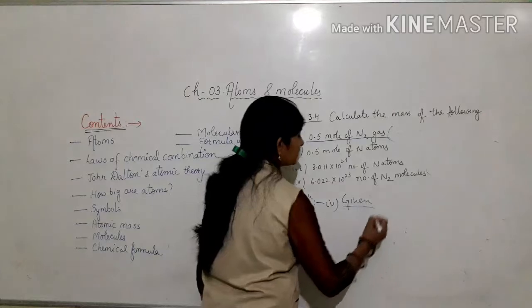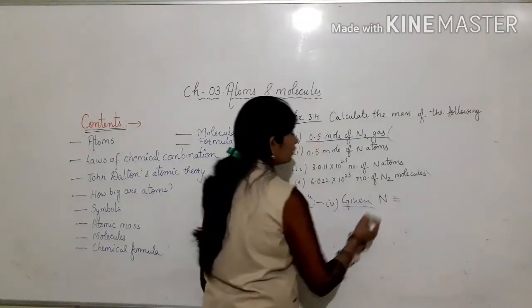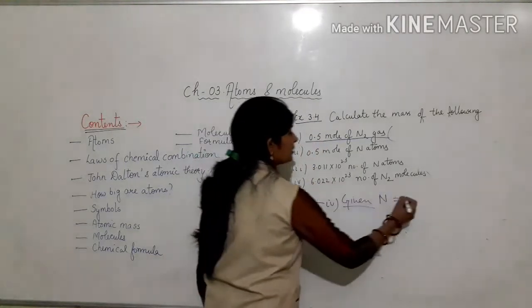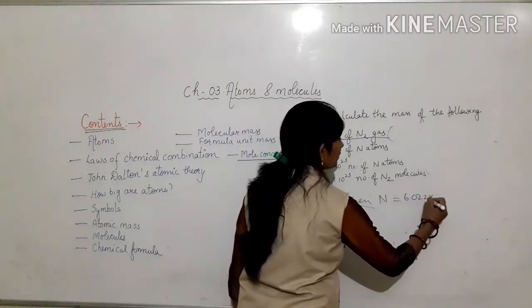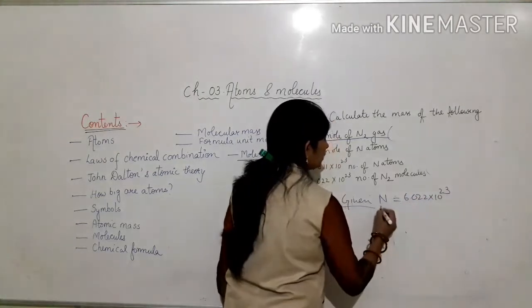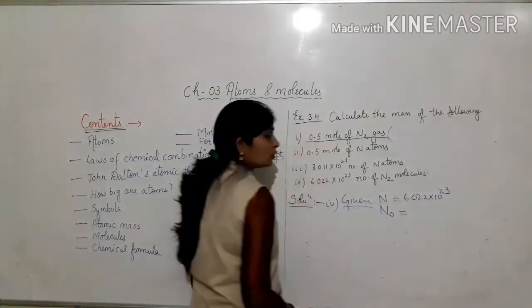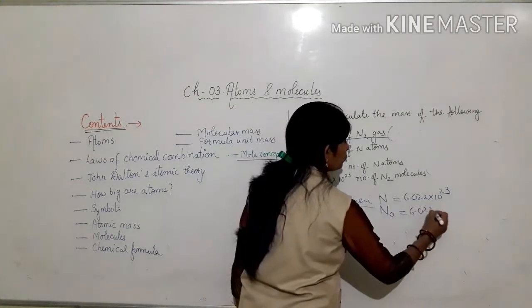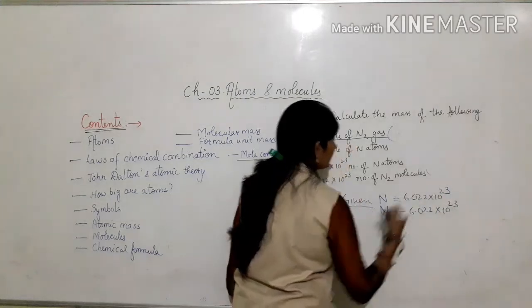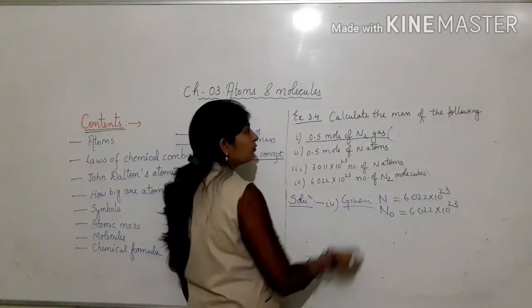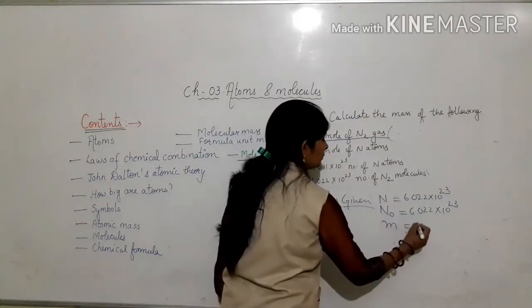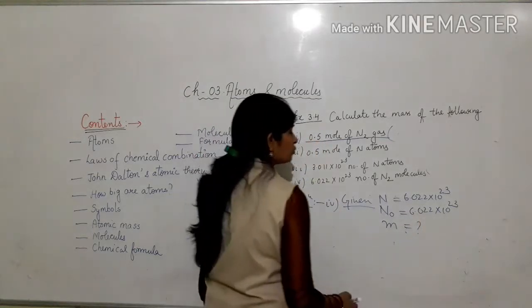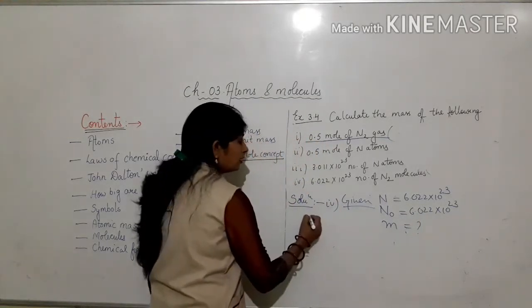Means number of particles are given, denoted with capital N, that is 6.022 into 10 to the power 23. Now Avogadro constant, denoted with capital N naught, that is 6.022 into 10 to the power 23. And what we have to calculate? Mass, means small m.